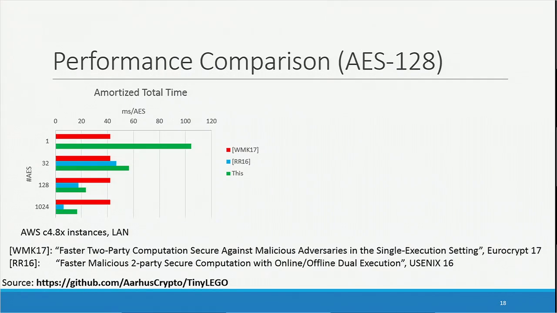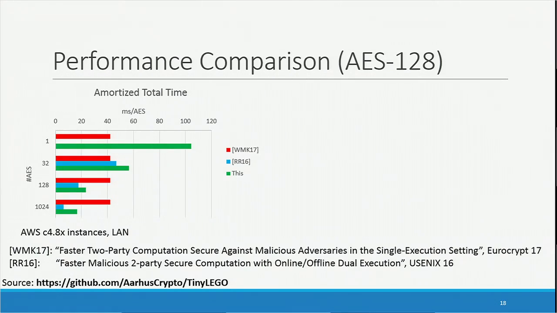Then we have the Rindal-Rosulek scheme of Usenix last year, and this is the type of amortization where they consider doing many computations of the same kind. For one AES, our scheme takes around 100 milliseconds, where we clearly cannot compete with the 40 milliseconds of Wang et al.